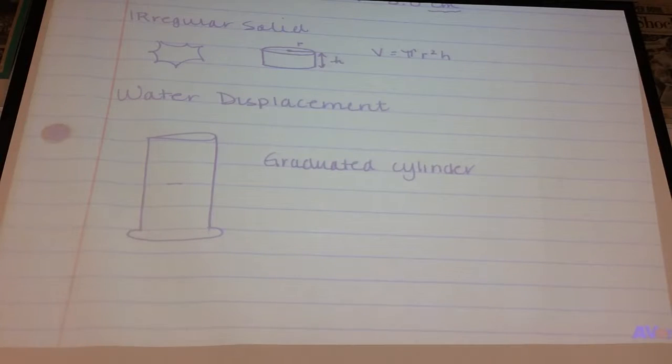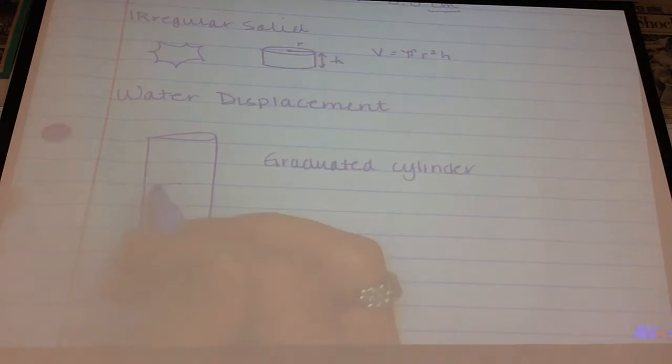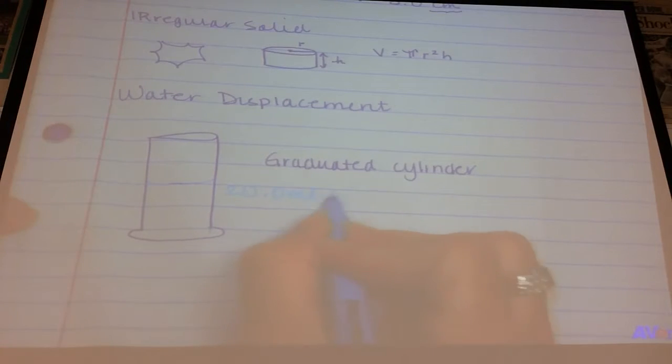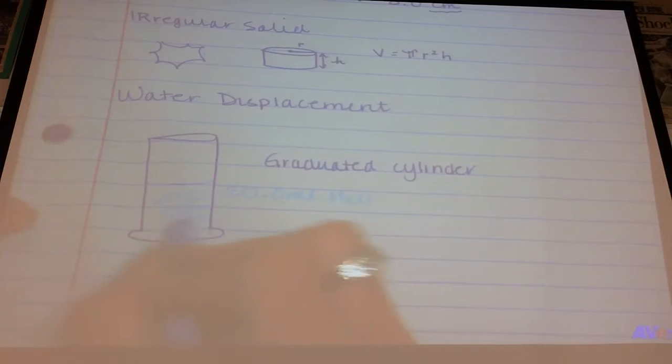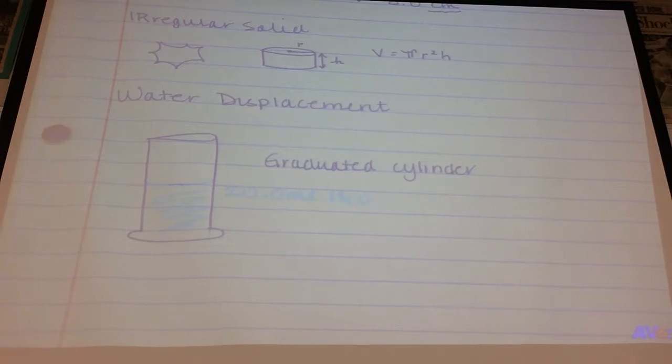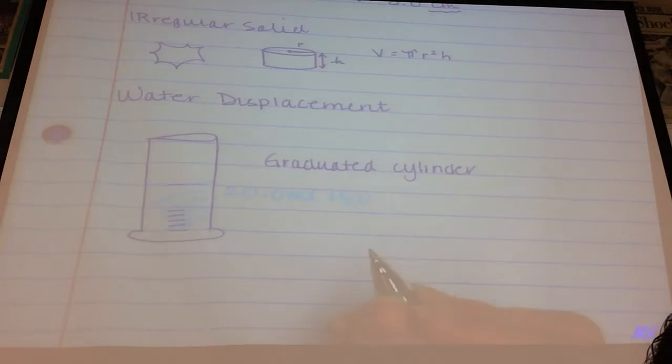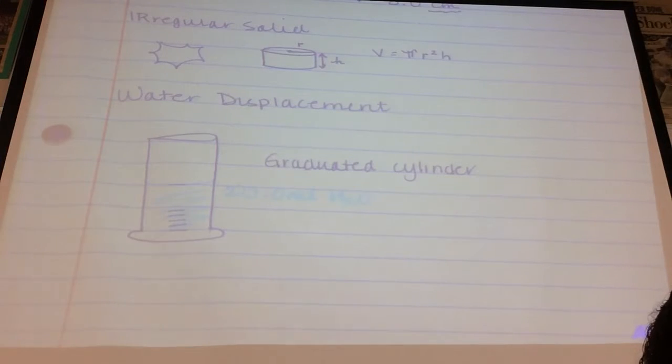And let's say that you had 20 mils of water in that graduated cylinder. And if I were to put 5 pennies into the graduated cylinder, what would happen to the water level? Of course, it would rise.